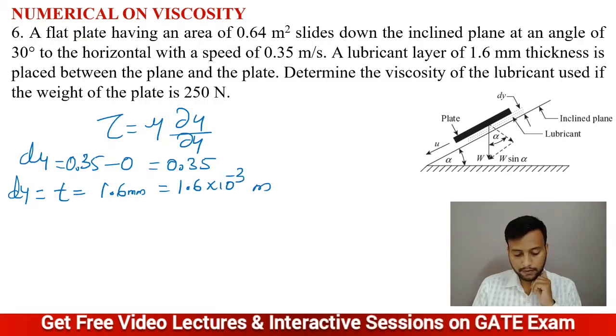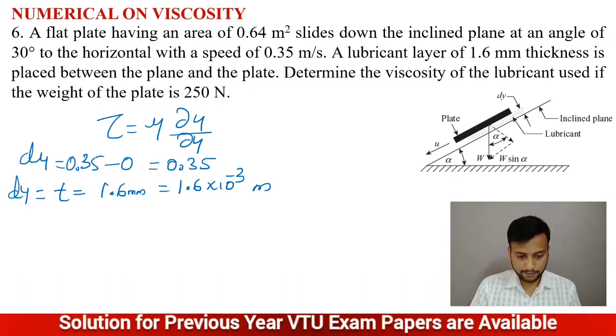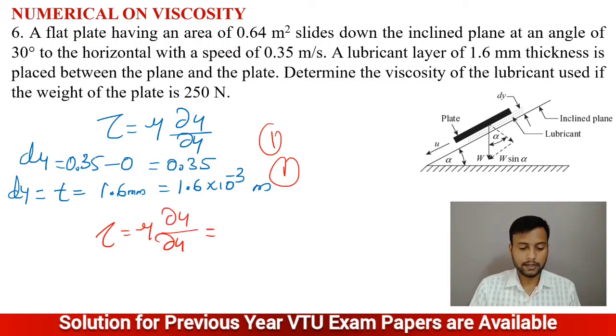Now we have got the du and dy. Again you will get 1 mark here, 1 mark here, so total 4 marks. Now the final answer we need to calculate, that is tau is equal to mu into du by dy. For this equation 1 mark will be there.